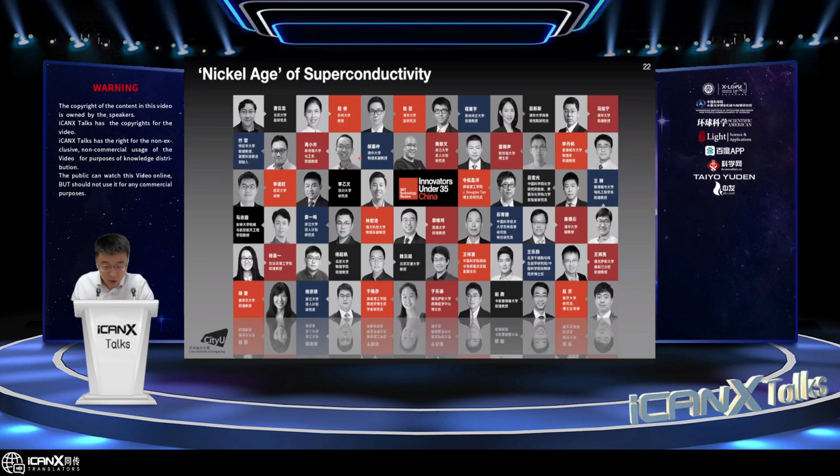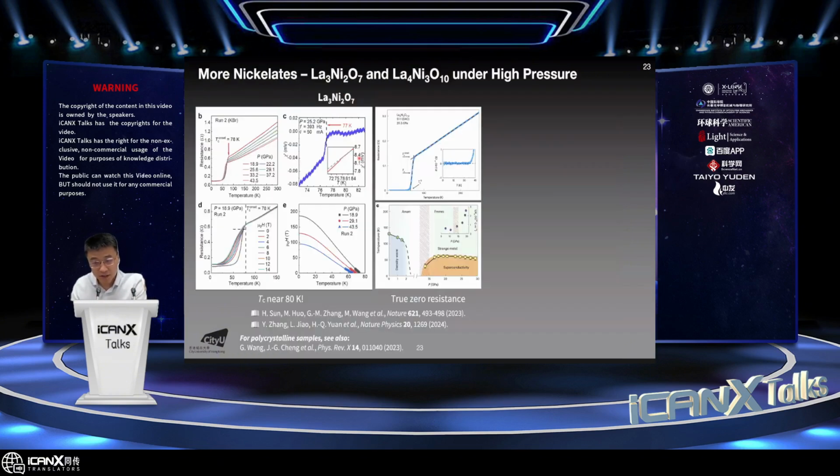Okay, so the material that I just mentioned was one type of nickelate, which possesses an infinite-layer structure. Two years ago, in 2023, a group at Sun Yat-sen University led by Professor Wang Meng discovered that in another compound, a 327 compound, named for its chemical formula, if you apply pressure you can see superconductivity with a very high transition temperature above liquid nitrogen.